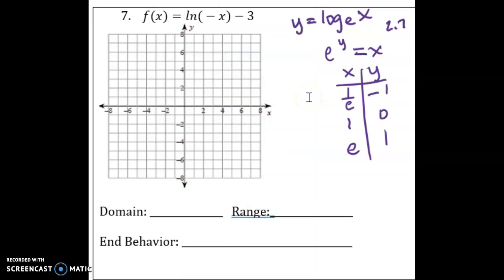And we can plot those. And remember, e is a little bit more than 2.5. So there we go there. And your asymptote. And then this negative means that all the x's are going to become negative.